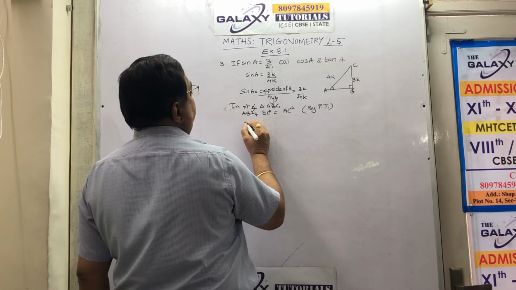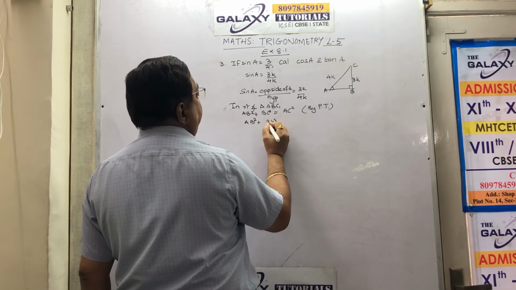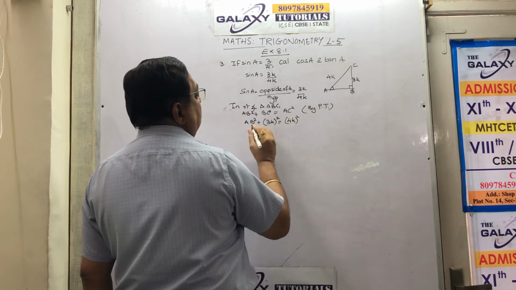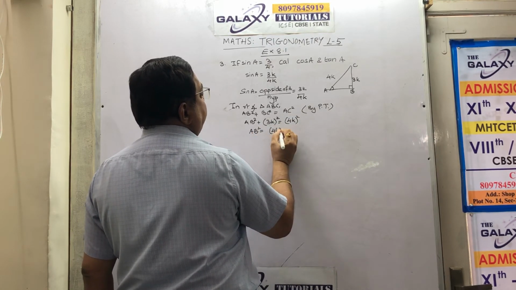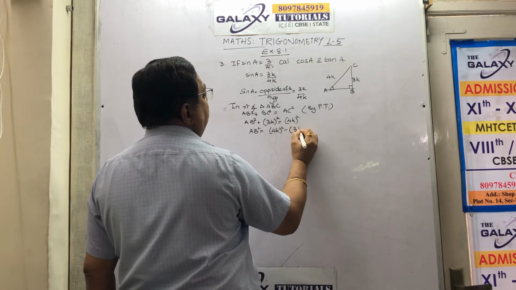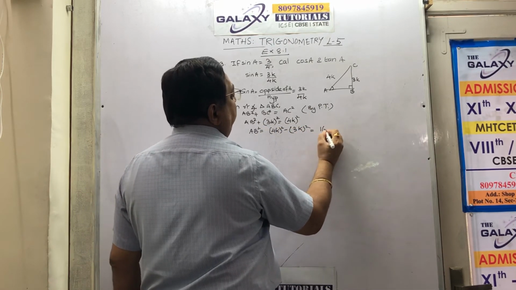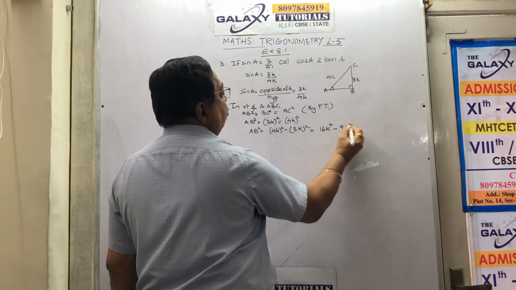AB square we don't know. BC square I know. AC square I know. So AB square is 4k square minus 3k square. 4k square is 16k square. 3k square is 9k square.